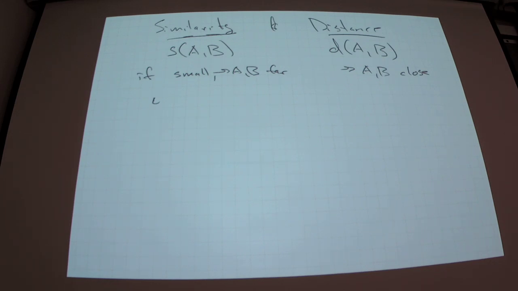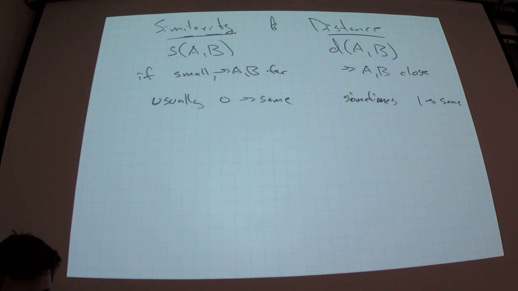Usually 0 means the same in distances, and for some of the distances that we use which are derived from sets, 1 might mean the same.